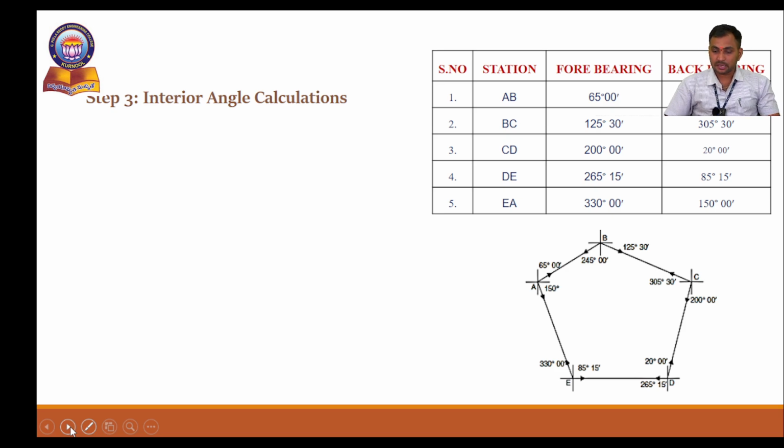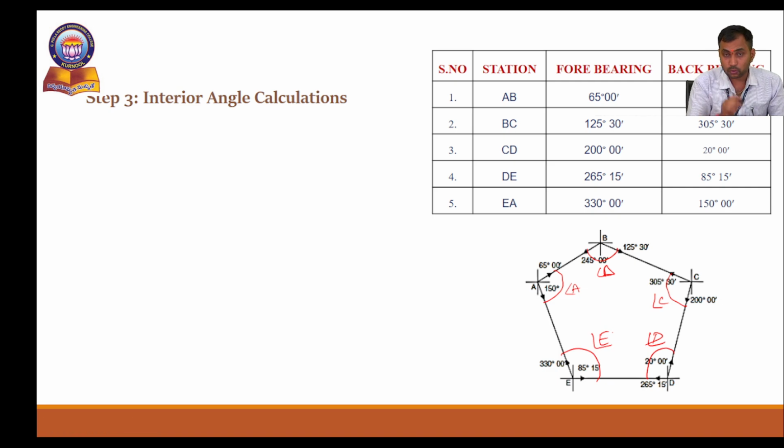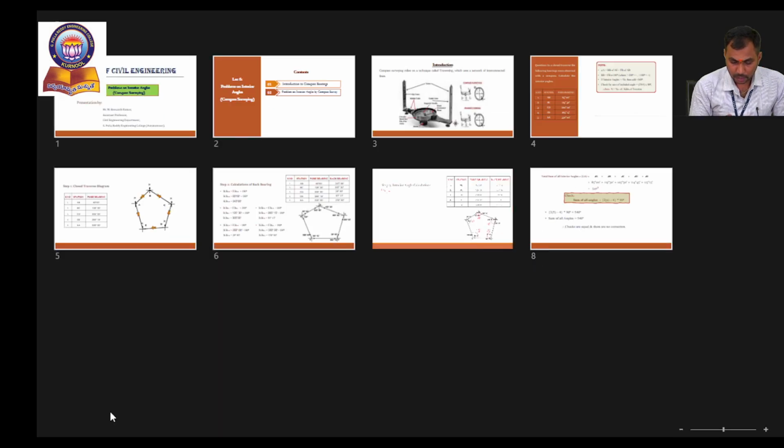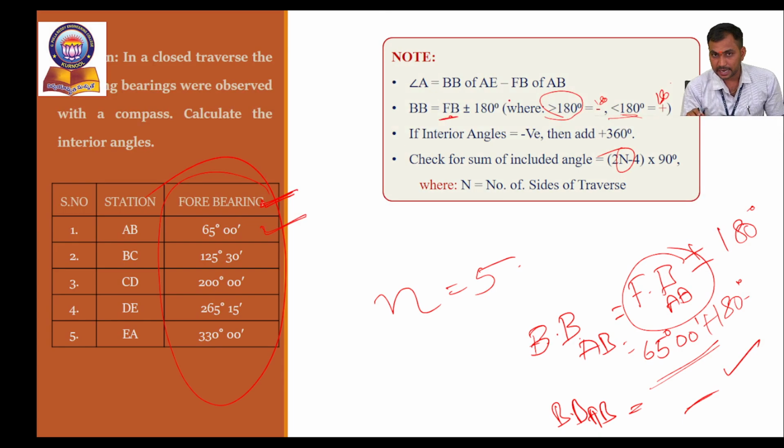We got the values of all the stations, forebearing and back bearing. Now, what is the formula for interior angle of A, interior angle of B, interior angle of C, interior angle of D, and finally interior angle of E? The basic formula is that the interior angle means back bearing minus forebearing.